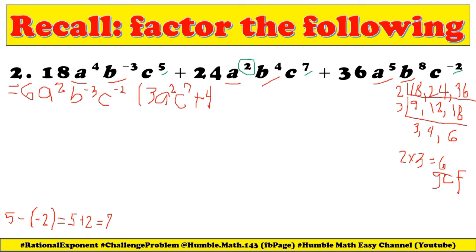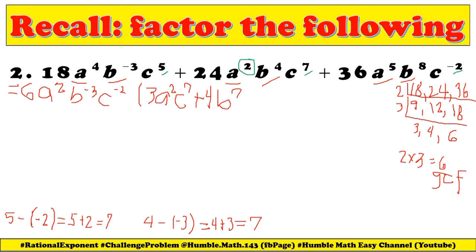Then b to the 4 divided by b to the negative 3, so we have 4 minus negative 3, that is 4 plus 3, so b to the 7.